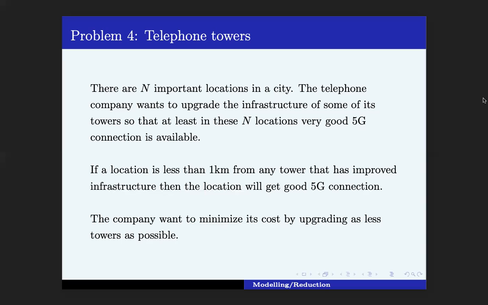Now the company's job is to decide at which places the towers should be upgraded so that the total cost is minimized. The total number of towers upgraded will be minimized, and at the same time all the important locations in the city are covered with the good 5G network.